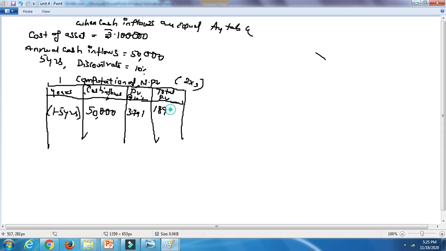So your total PV is 1,89,550. As I said, NPV is your total PV minus the initial investment or cost of the asset, which is given in the question as 1 lakh.